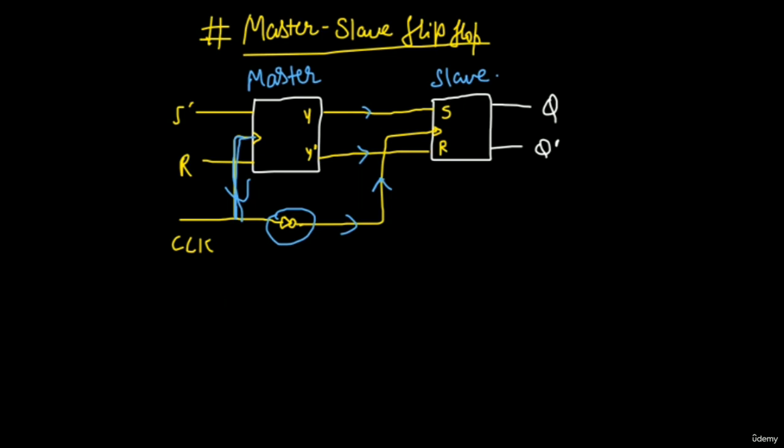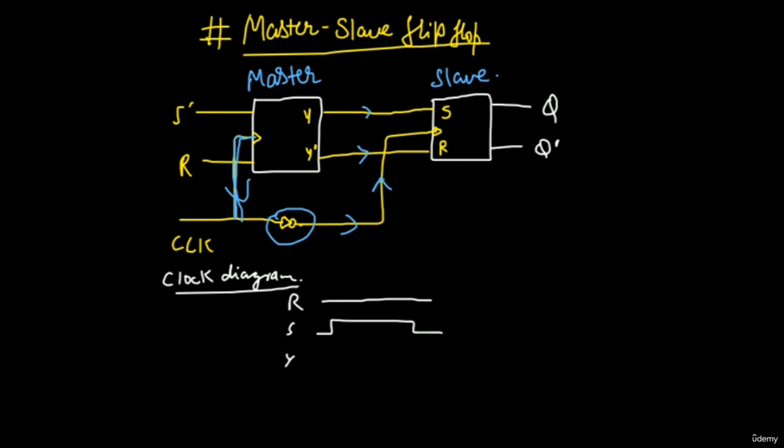Let me change the color. Clock diagram. I am explaining right now what the clock diagram is. For the R, it will be straight. For the S, it will have a bump up here.